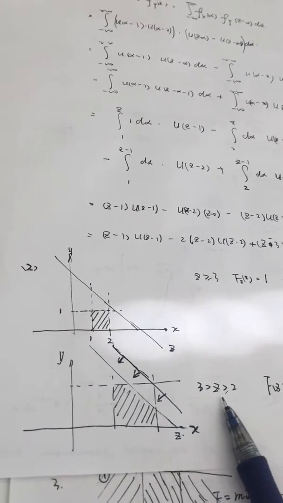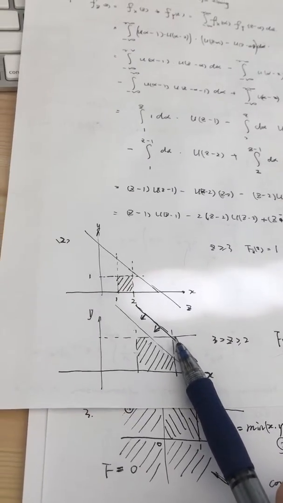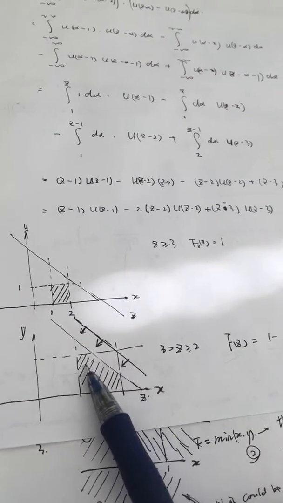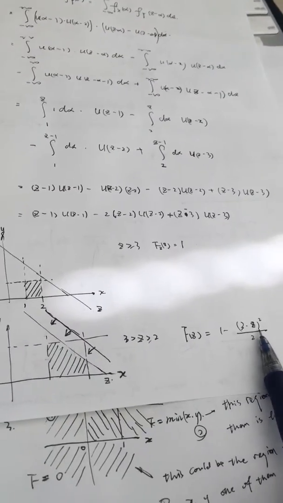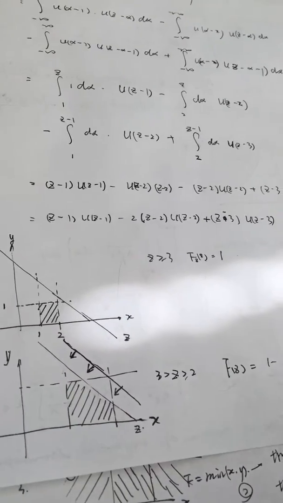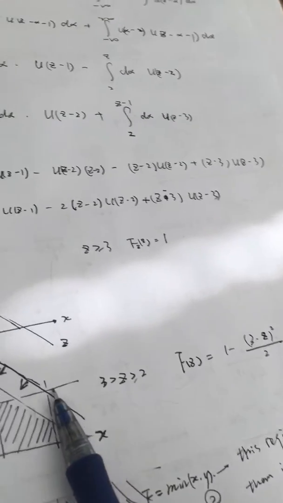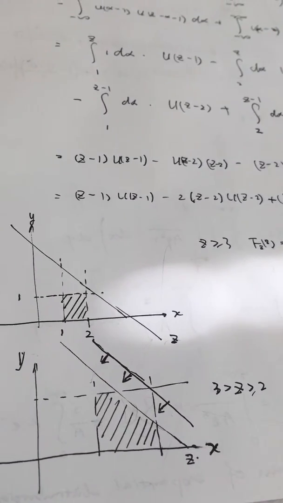When Z is between 2 and 3, F_Z is equal to 1 minus the area of the triangle, where 3 minus Z is this line's length, so it is (3 minus Z) squared over 2, which is this triangle region's area.